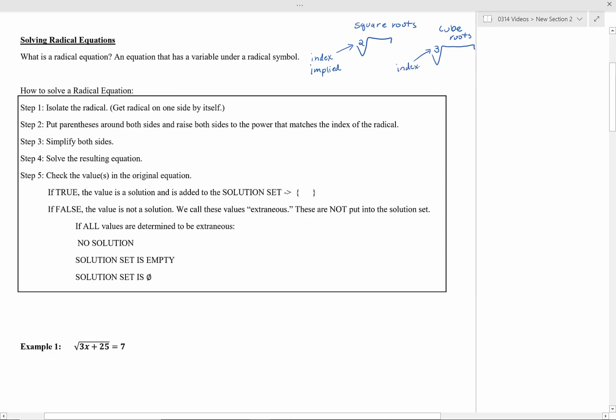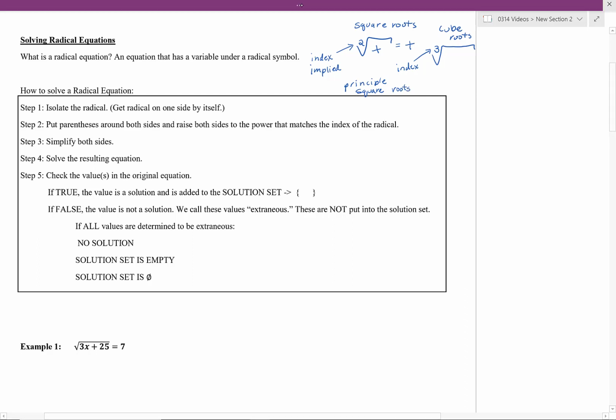We also want to remember that when we're talking about square roots, we always have a positive number underneath when we're talking about real numbers, and the answer is always positive. We call that the principal square root, meaning if there are two quote-unquote answers, we always choose the positive one.